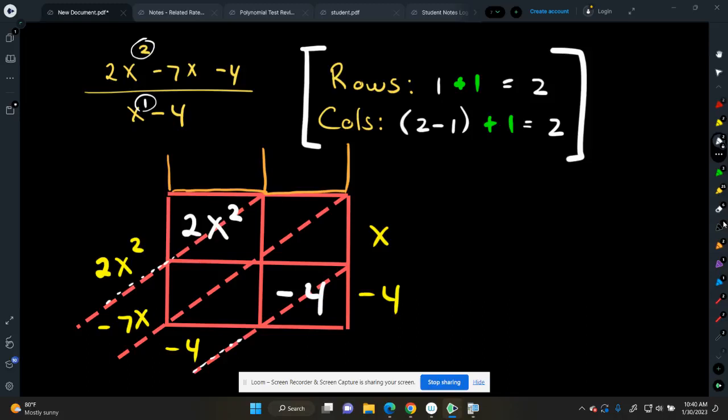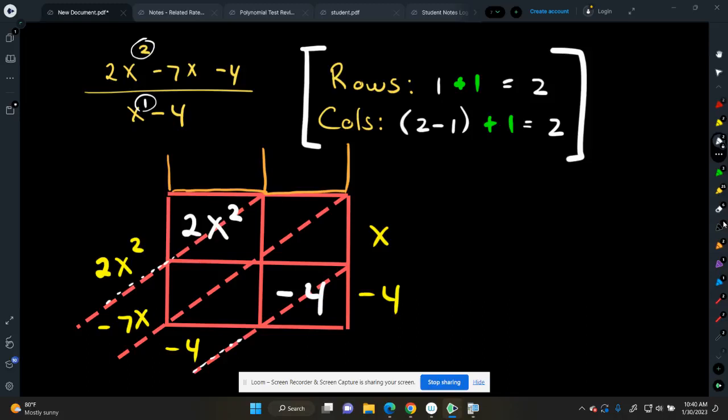Okay, so we're going to do the same thing. We start with the bottom right-hand corner. So we put a 9 there to match this diagonal. And then in the top left, we put our 2x to the third. You always put your bottom right corner and your top left corner. Okay? All right.